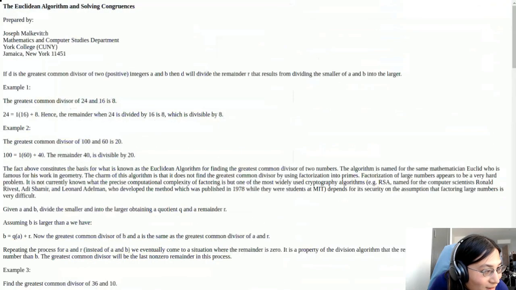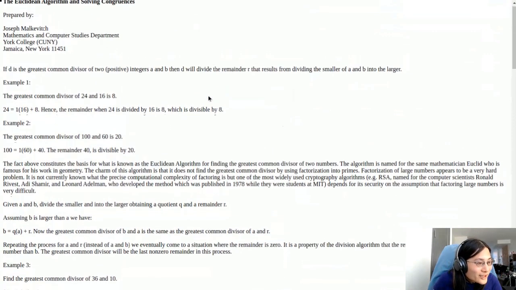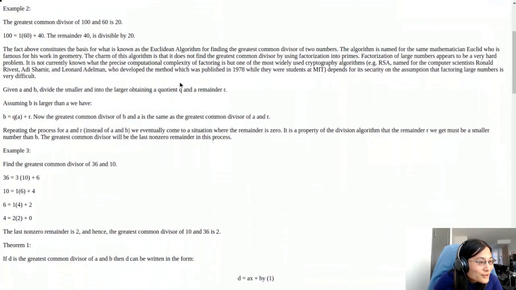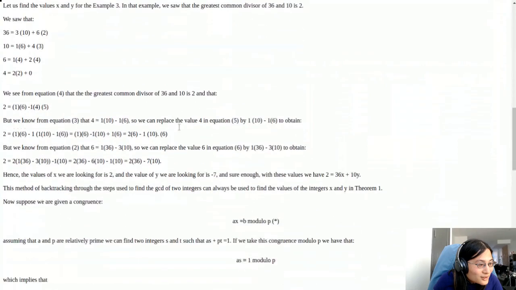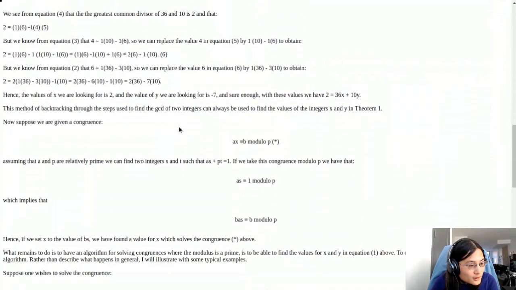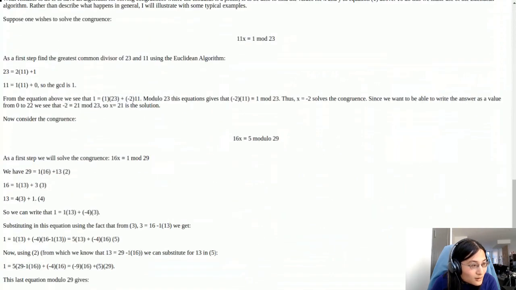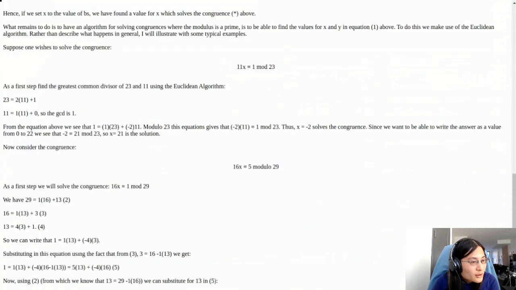In general, they probably should. Yeah, but I don't want the common divisor.